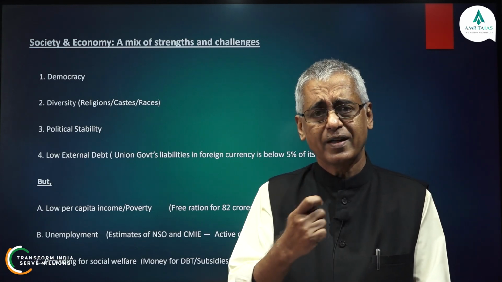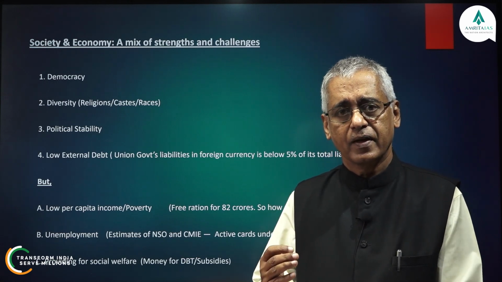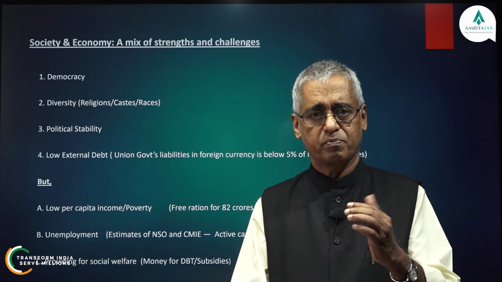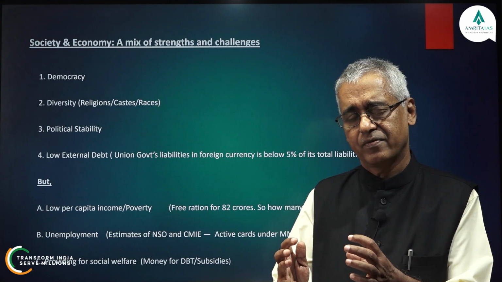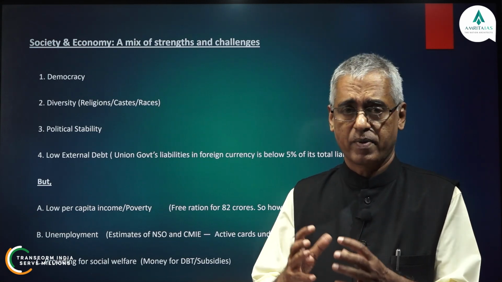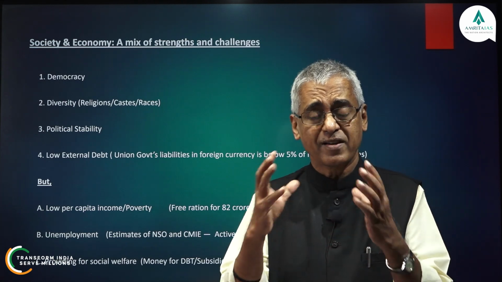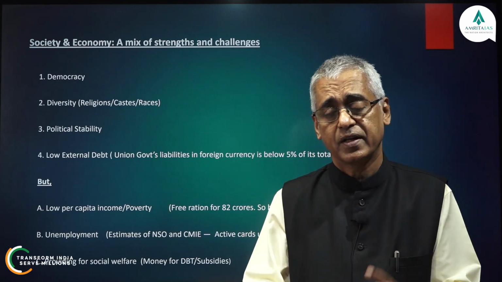This should provide us some food for thought that if indeed we have managed to pull so many people out of poverty, then how come that we have 82 crore people being found eligible for free rations? This is not a critical comment on any figure at all.